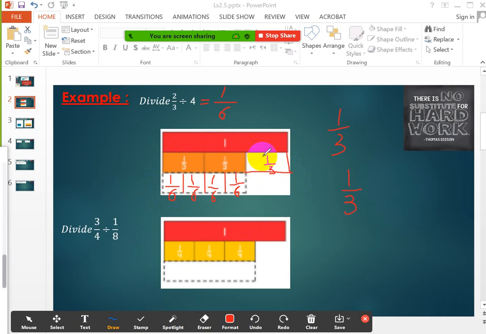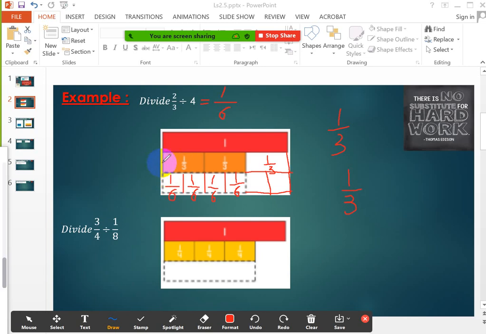I have 3 parts here. That means I will divide it into 6 equal parts, right? So each one will be 1 over 6, because I will divide each part into 2 equal parts.